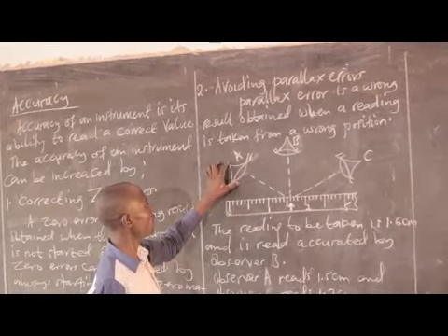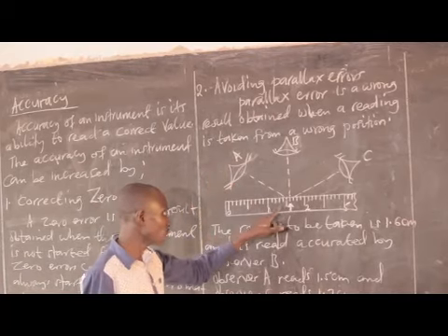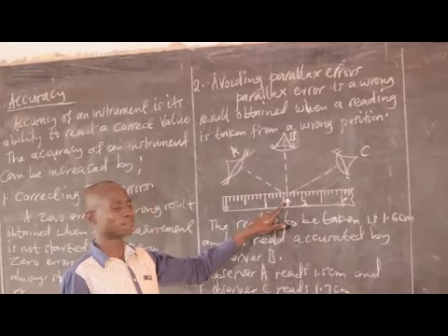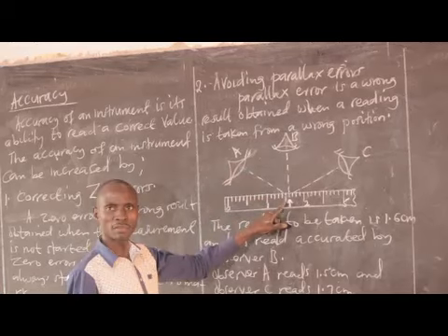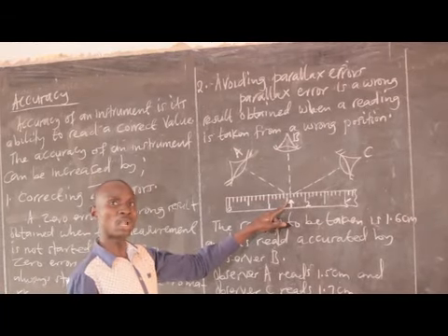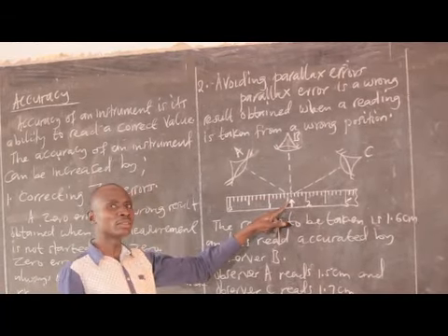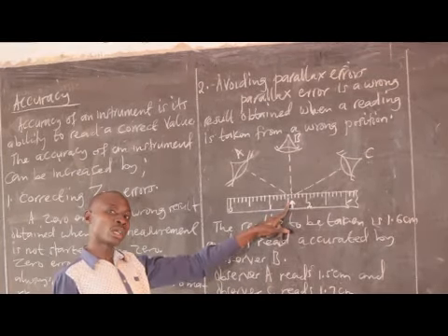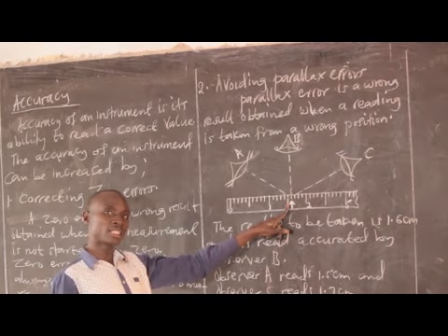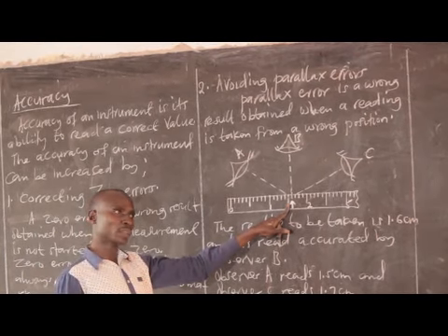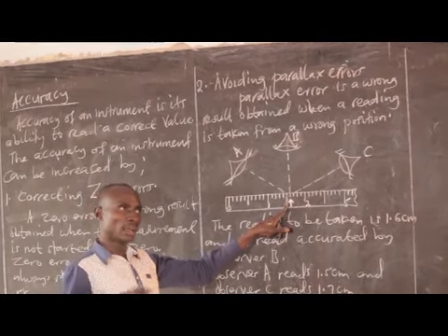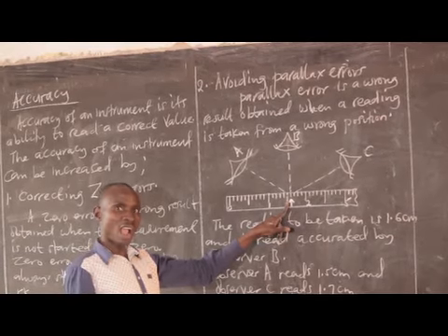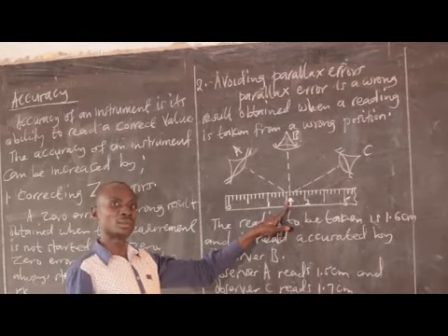Observer A is likely to read 1.5 instead, which is a wrong result. He will have an error of 0.1. Actually, you can define the error as the difference between the measured value and the true value.